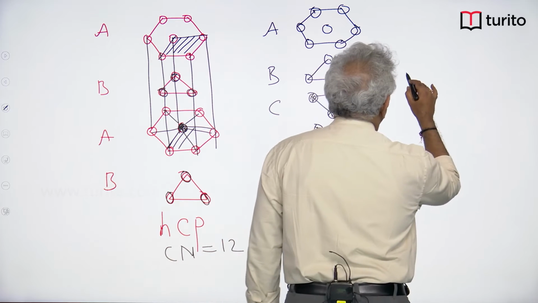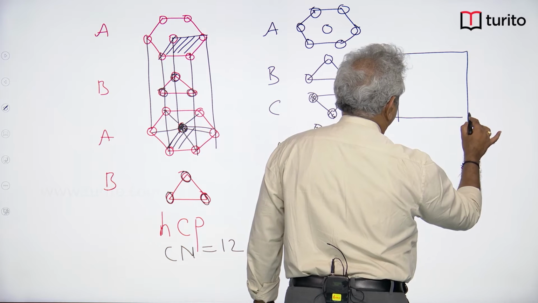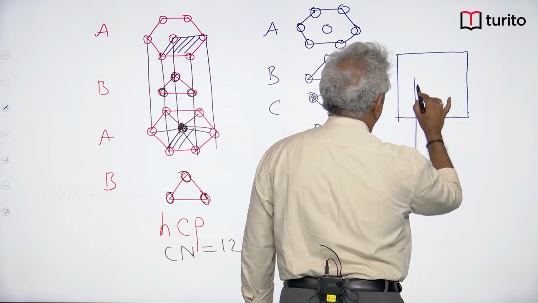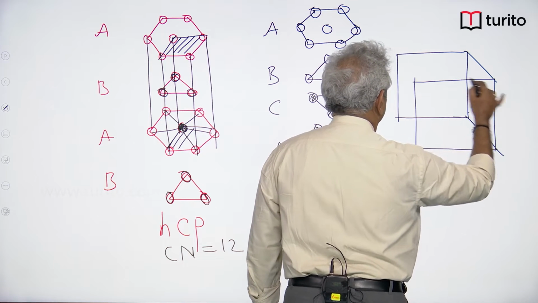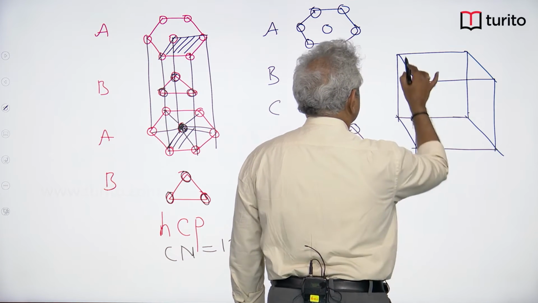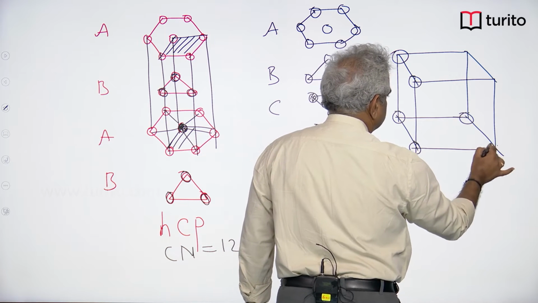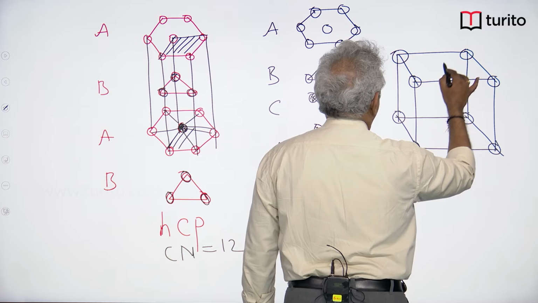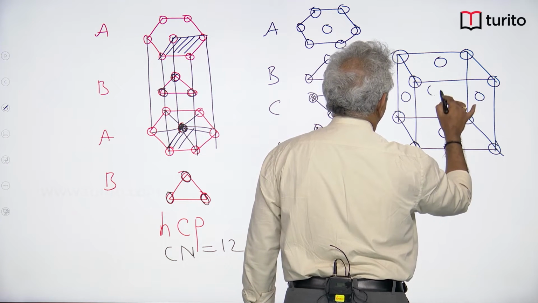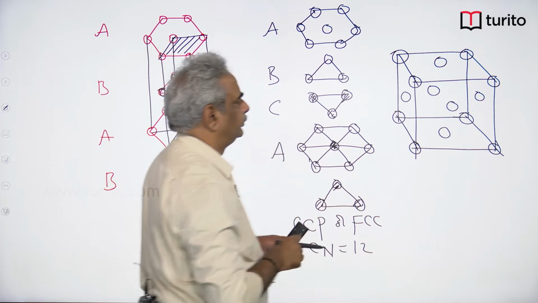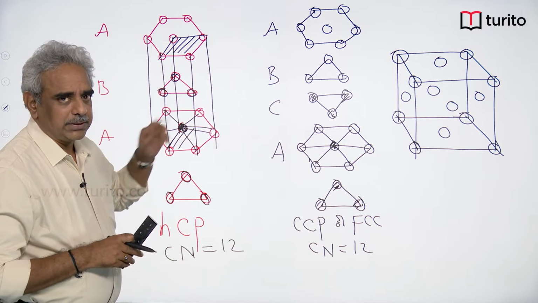For this, the unit cell is our FCC unit cell. This is going to be the unit cell for CCP arrangement of hard spheres, top, bottom, left and right, back and front. And this is going to be the unit cell for this arrangement, not for this.